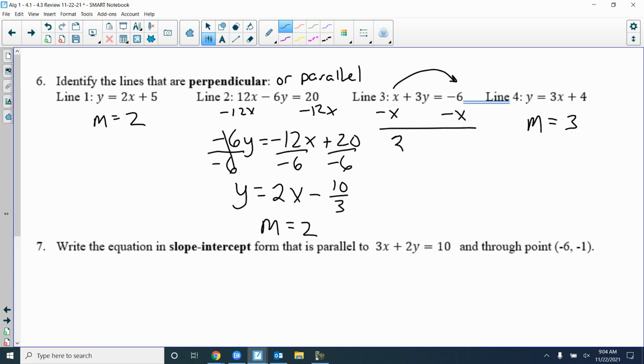So I got 3y equals, and I'm going to write the x term first. I'm just going to write this there, guys, so you know it's a negative 1. Now what? Divide by 3. Everything gets divided by 3. Guys, there's my slope right there.